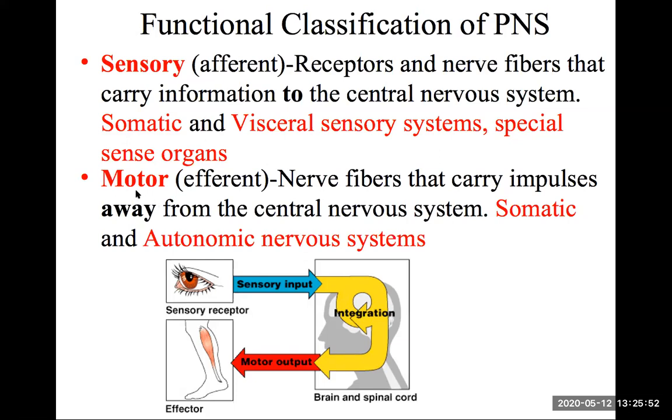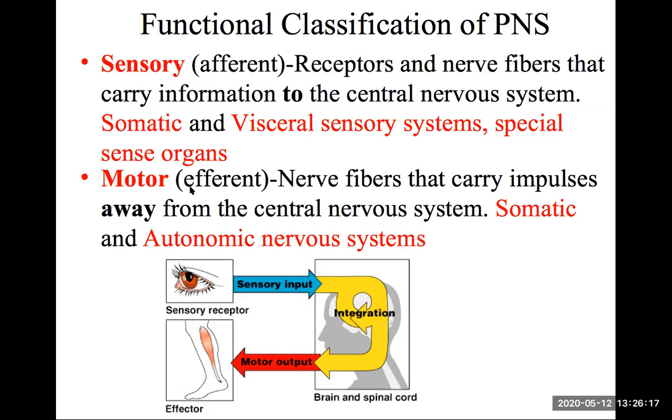Next, we have the motor or efferent portion. Keeping afferent and efferent separate can be difficult. We've seen these terms before if you go back to the lymphatic system, when we talked about afferent and efferent vessels. The way I remember it is that efferent starts with the letter E, just like the word exit.